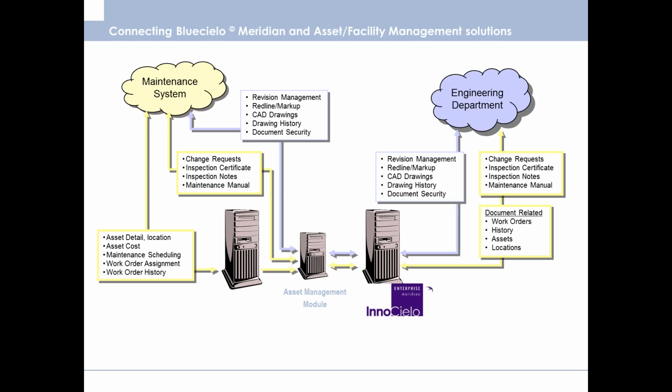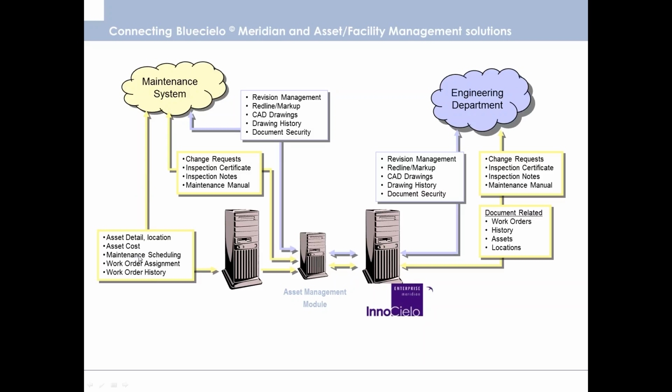Kind of showing this graphically. You see, here's our engineering department with our Meridian server and all the documents and things that Meridian is managing. Over here is our maintenance system, where we're managing all of our asset records and all the details about those assets.